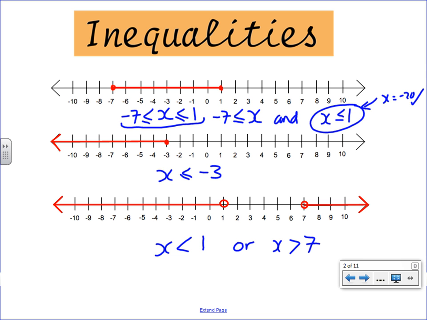Now, we can't combine those two, because you cannot be simultaneously smaller than 1 and bigger than 7. So this is not the same as the first example, where we had two inequalities that we bring together into one. That's when you've just got one little bit squashed between two numbers. This is two entirely separate sections of the number line. The thing's smaller than 1, the thing's bigger than 7. You can't be both at the same time.